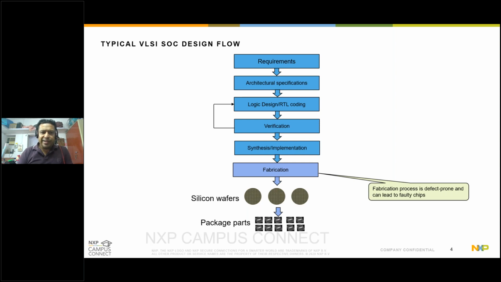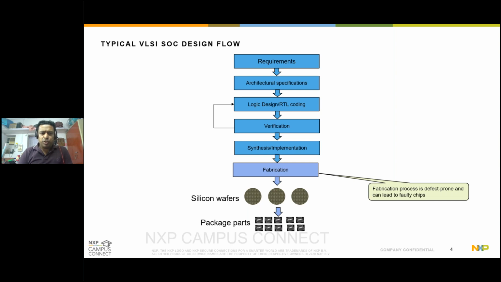Any SOC development starts with requirements coming from the marketing team, and these requirements are then converted to an architectural specification. After which you design your individual functional blocks, or you reuse the IPs which are already available, and you integrate them.